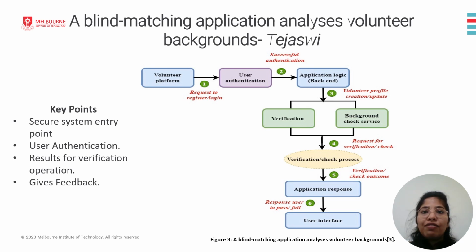The user interface then notifies the volunteer of this response, giving them clear feedback on whether they may proceed or whether more action is required based on the outcome of the verification. The safety and reliability of the platform is enhanced since this approach ensures that only trustworthy volunteers are paired with blind users.